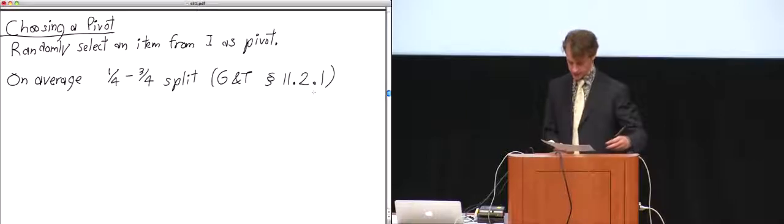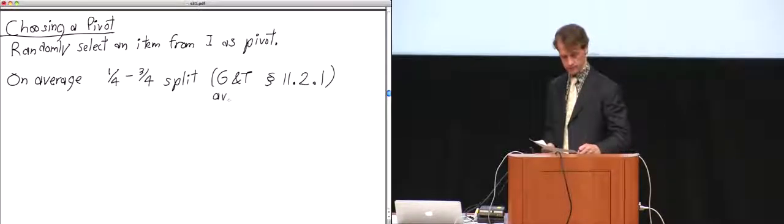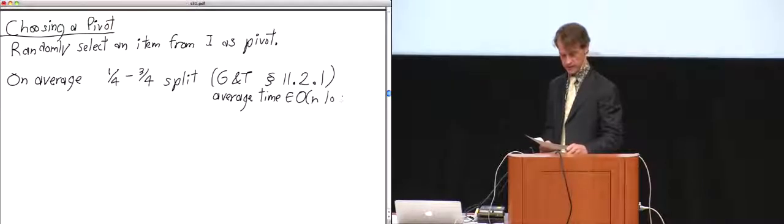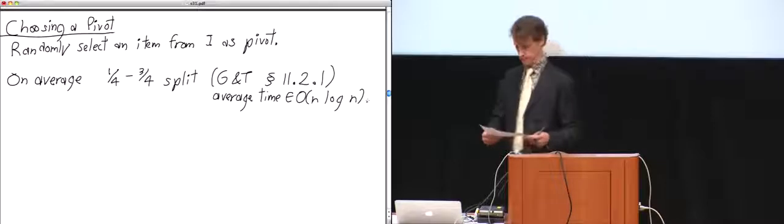If you have a different edition, you'll have to figure out what section that's in. But they show that the average running time in a probabilistic sense is n log n. And again, I will talk about that later in the semester.